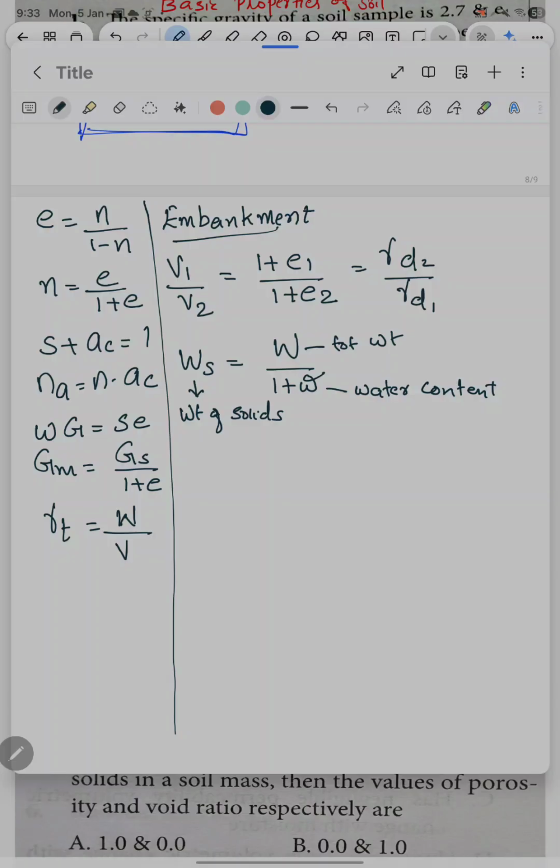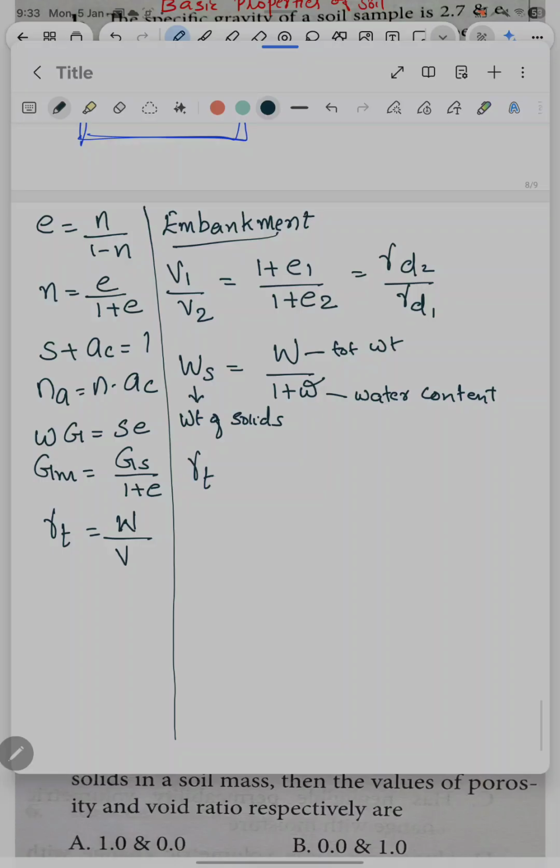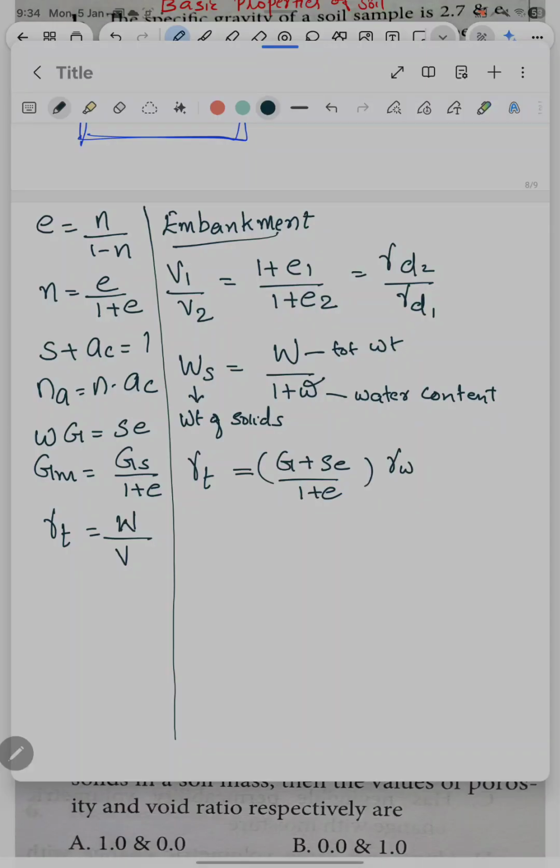Okay, next equation is gamma saturated. We can write not gamma saturated, gamma bulk. The equation is γ = (G + Se)/(1 + e) × γw. Most of the equations we can derive from this single one, so just study this one. Bulk unit weight γt = (G + Se)/(1 + e) × γw.